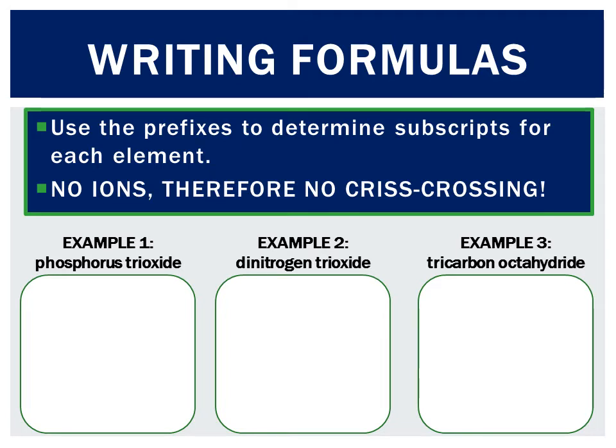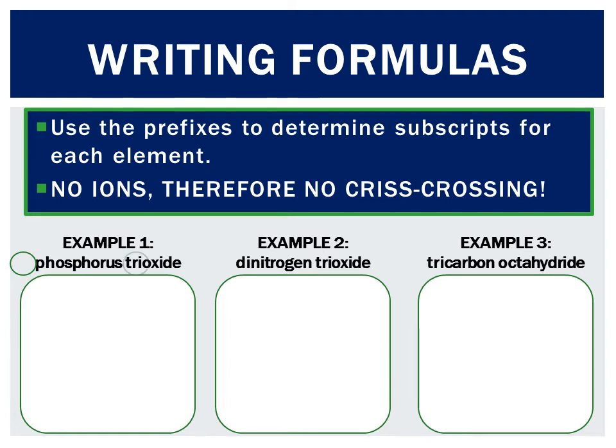All right, so to write the formulas, you use the prefixes to determine the subscripts for each element. There's no ions, there's no crisscrossing, there's no swap and drop. The prefix goes exactly with the element that it's tied to. So phosphorus, you'll notice there's no prefix on the first element in the compound. If there's no prefix, it's kind of the same thing as writing mono.